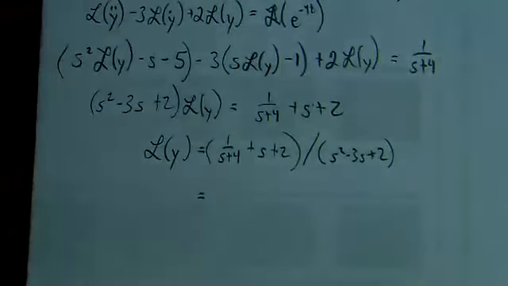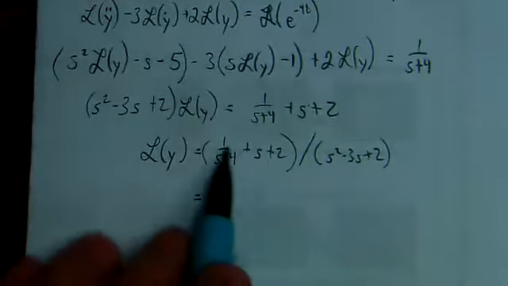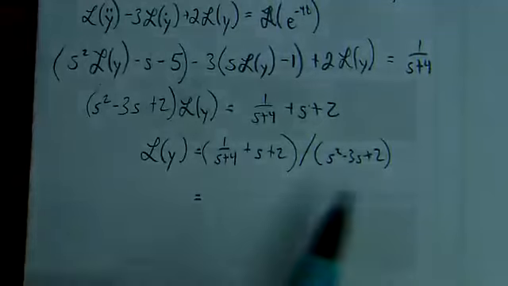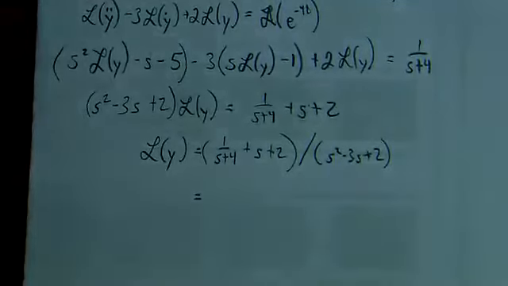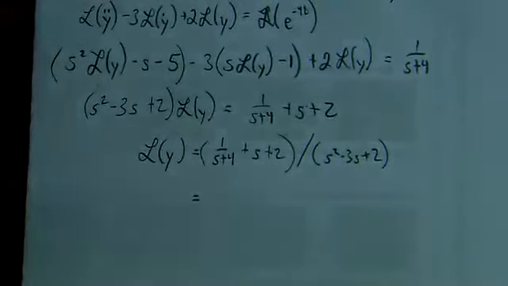So I'm going to take a minute and clean this algebra up, find a common denominator among these three terms, combine those, and then divide by this. I'll go ahead and factor the denominator.